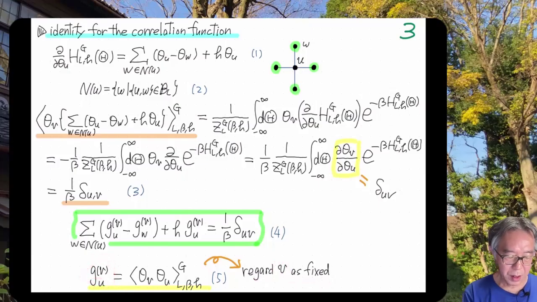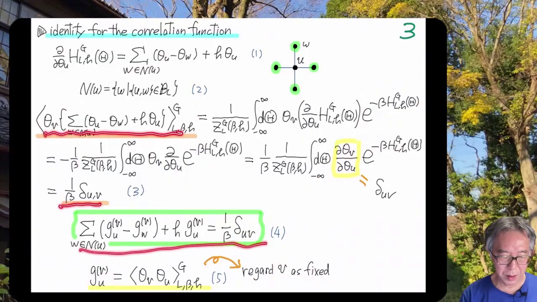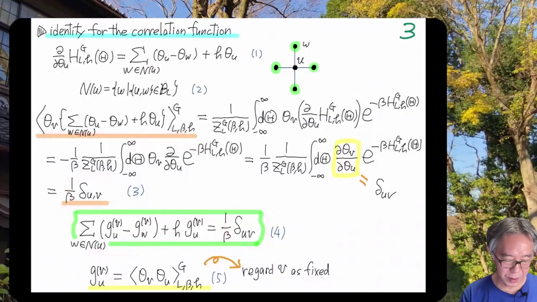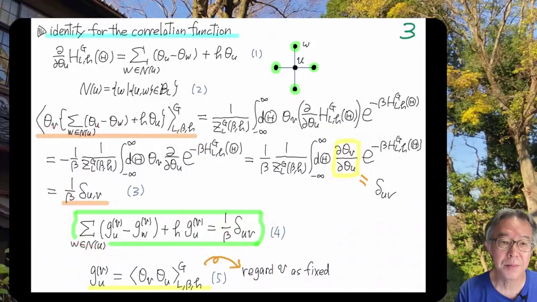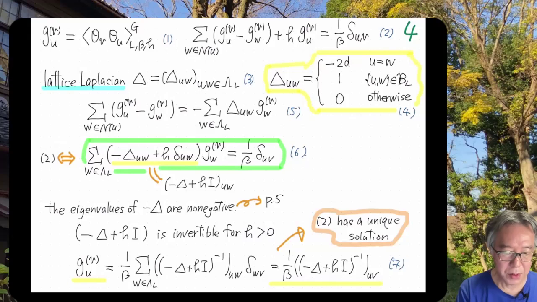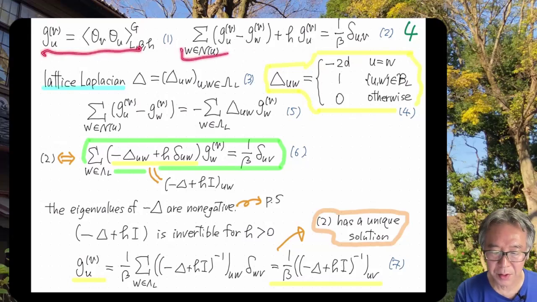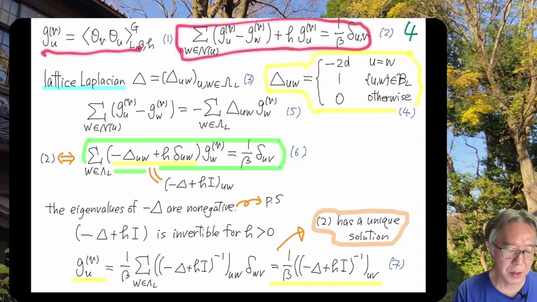And then this identity is written like this. The right-hand side is, of course, the same. And as for the left-hand side, we have theta v times theta u, and theta v times theta w, and so on. So you can have this identity. Okay, so this is the definition, and this is the identity that I derived.